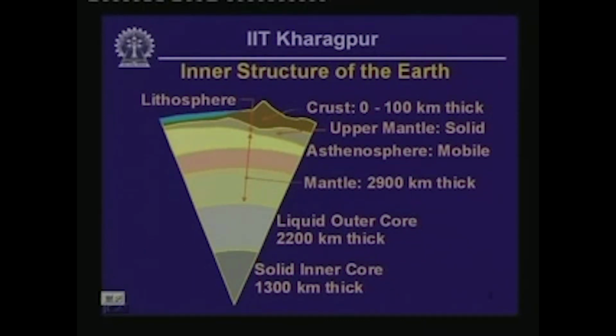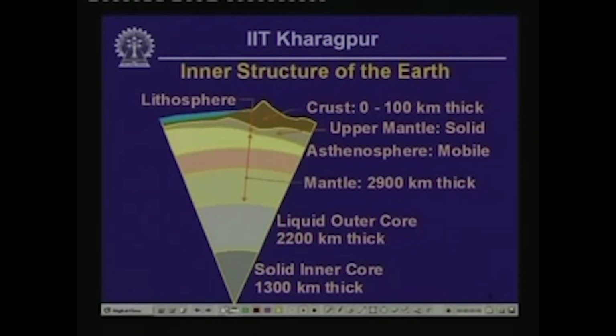Now, the solid part near the surface of the earth is called the lithosphere, and that is comprised of the crust, oceanic and continental crust, and the upper mantle. In this sketch, I have shown the oceanic crust on the left and continental crust towards the right.